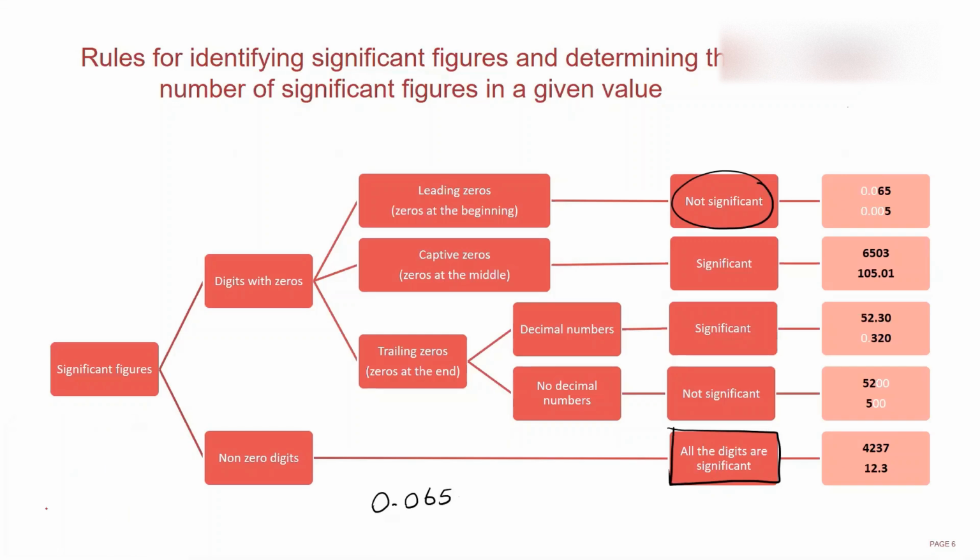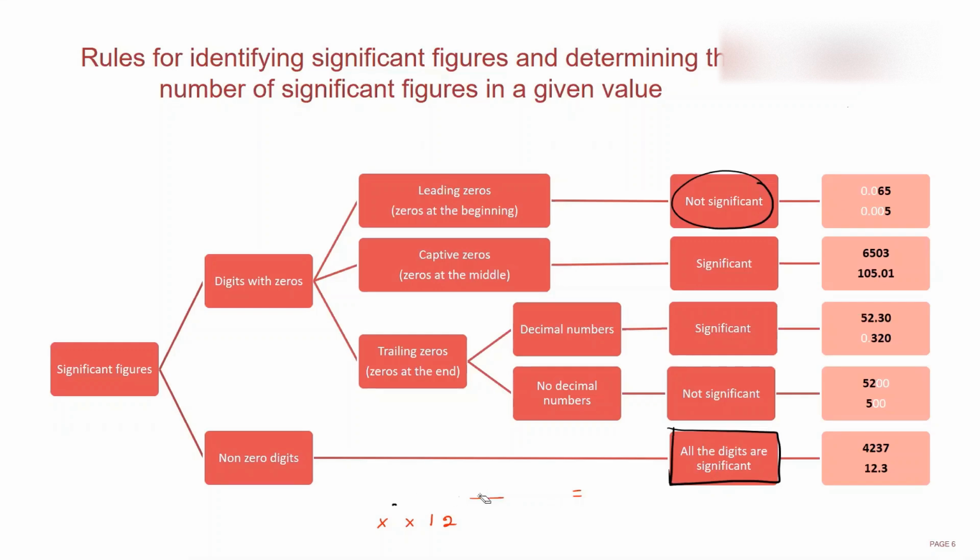When we are counting the number of significant figures, we start counting from the left-hand side, and it should be a non-zero digit. So this is not a significant figure. The second zero is also not a significant figure. Third one is a non-zero digit. So this is my first significant figure and this is the second one. So here in this reading, I have 2 significant figures.